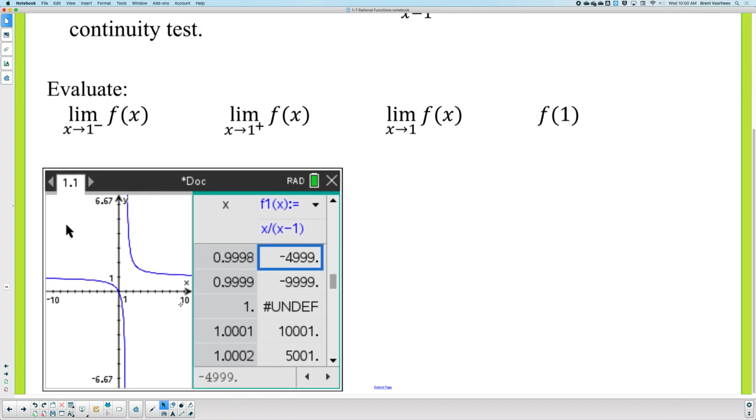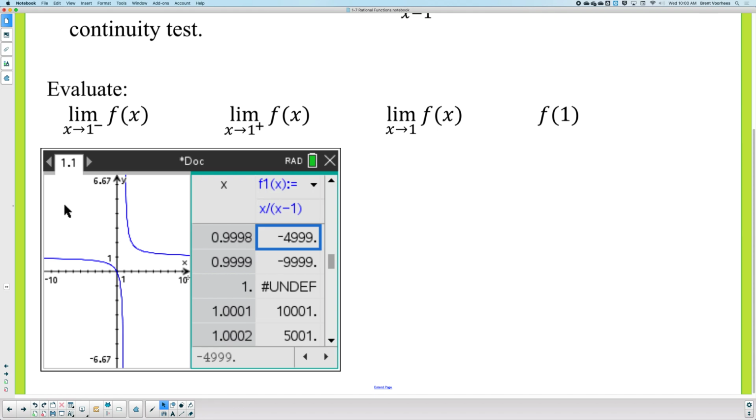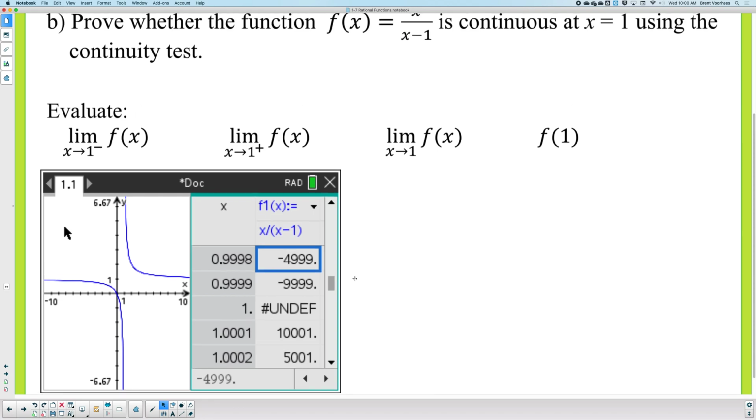So let me explain what's going on. Now, the limits, when you see them with the little minus and the little plus, that means, remember, a limit doesn't tell you where the graph is. What does it tell you? Where it's going. This table is telling you where the graph is. What we're going to do is predict where the graph is going as you approach 1 from, if it has a little minus, the smaller numbers.